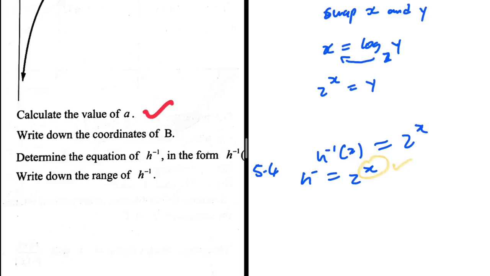But the answer is really not 0. The answer is just 0 point, a lot of zeros. The calculator just decides to give you 0. So what am I saying? I'm saying that the range here, y, is greater than 0. H inverse cannot be 0. H inverse cannot be negative. y is greater than 0 all the time for H inverse.